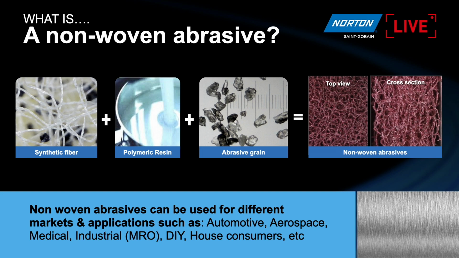So these products deliver a great finish. Within our portfolio of abrasives, these come at the end of the abrasive processes where customers are looking to try and clean, blend, deburr, or finish.